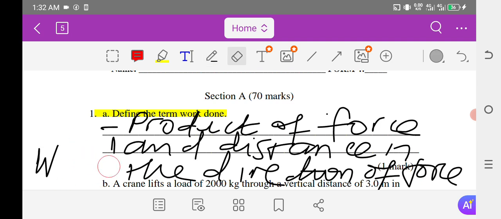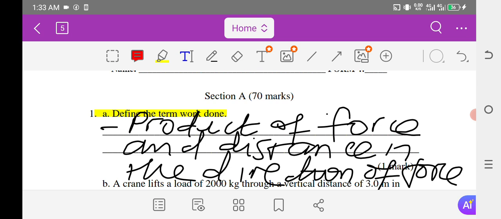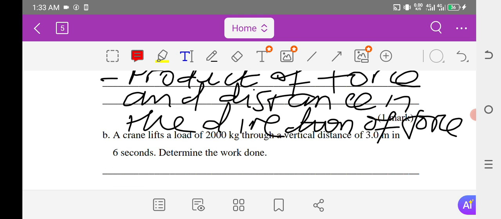So we are saying work done is simply the product of force and the distance in the direction of the force. In this case, the force is the applied force.